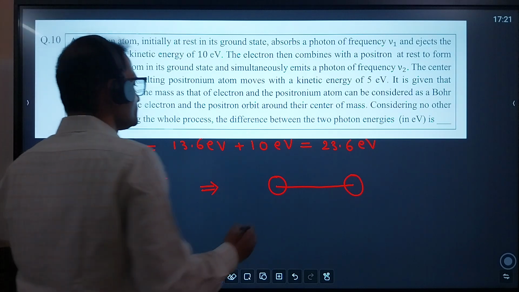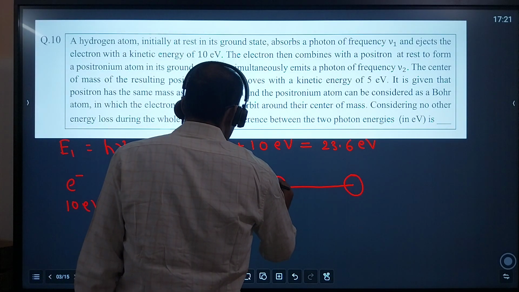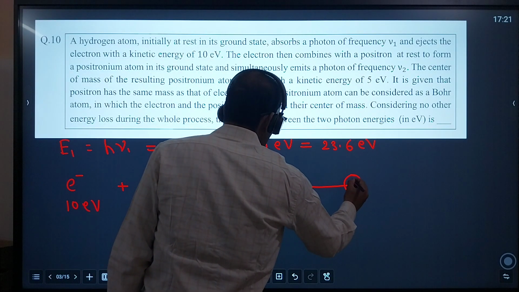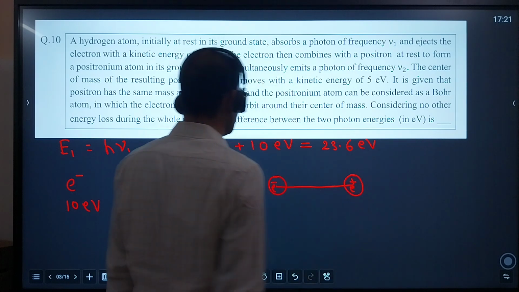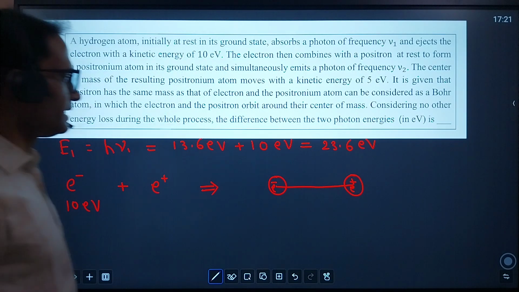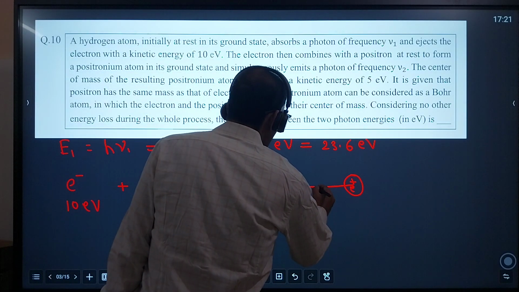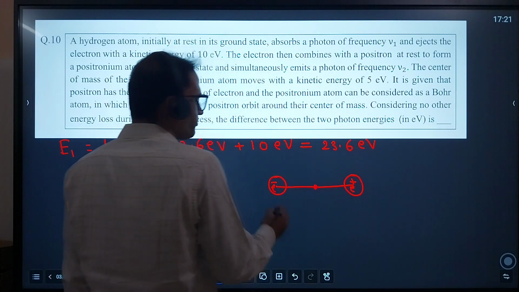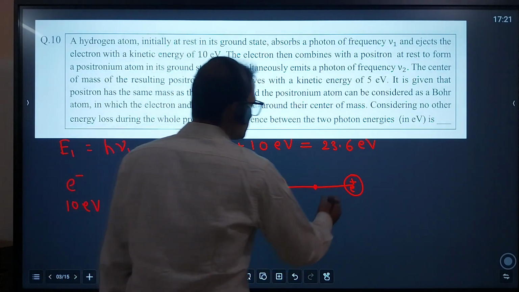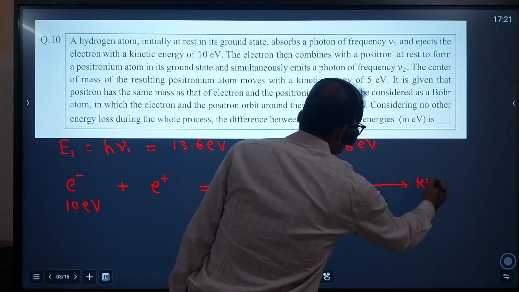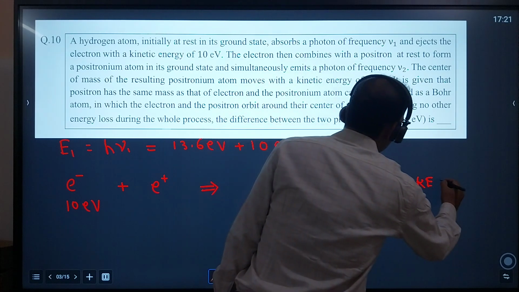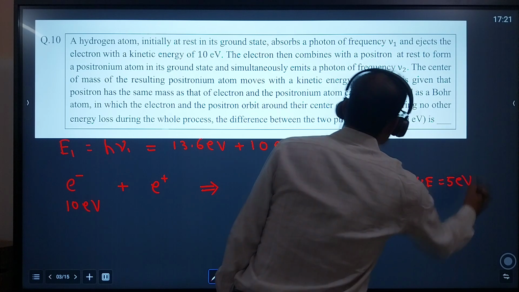So this is our electron and this is our positronium ion, and they are saying that this center of mass is moving with a kinetic energy of 5 electron volt. It is given in the question.